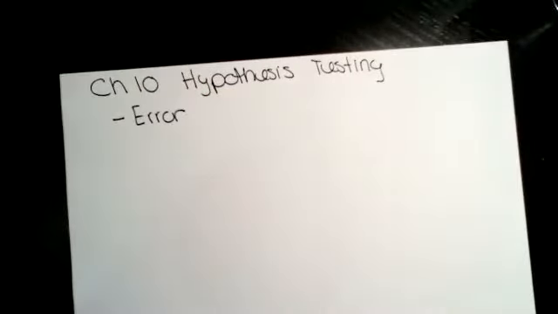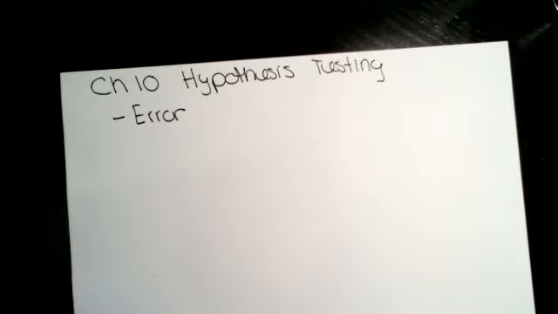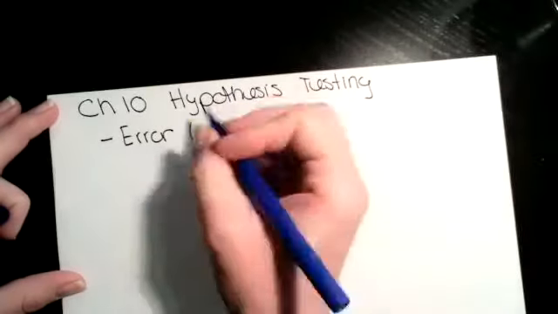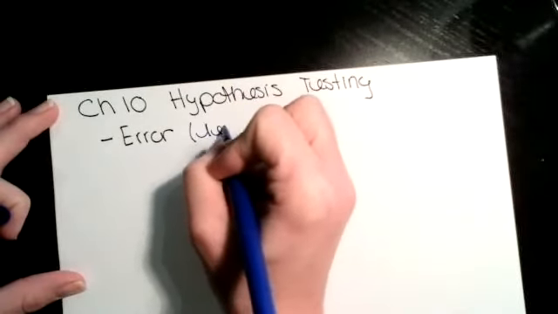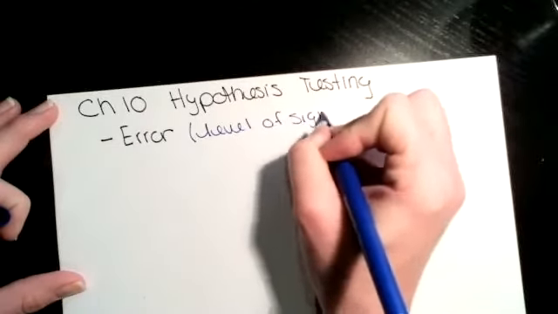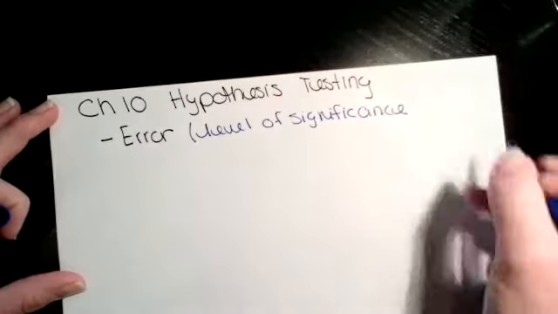So anytime you do anything ever in life, you could have an error, right? So same thing when we're looking at hypothesis testing. So we want to look at error, and specifically we're going to look at the level of significance, which is my alpha, right?